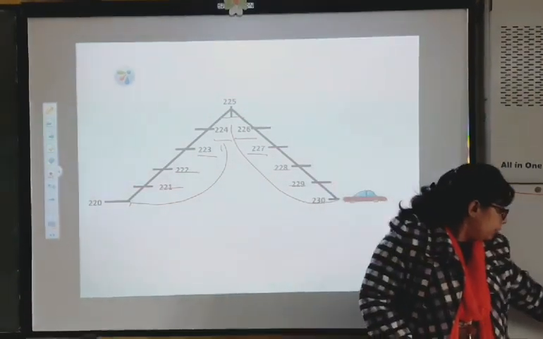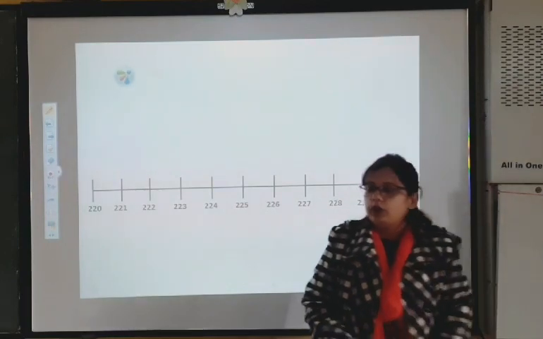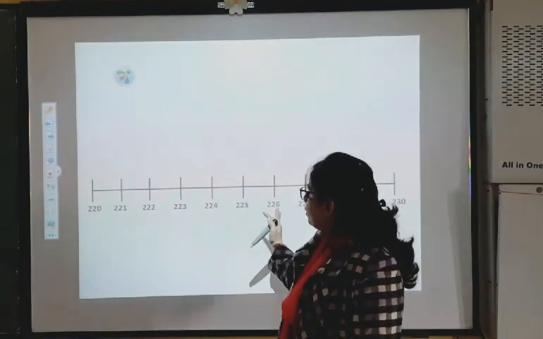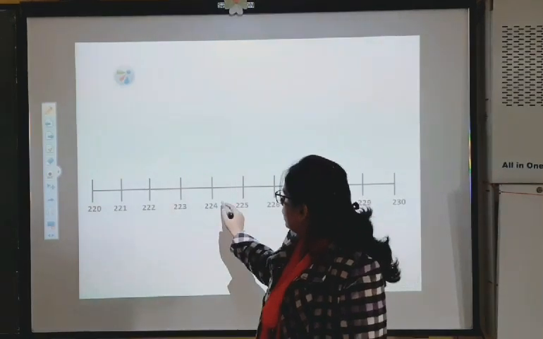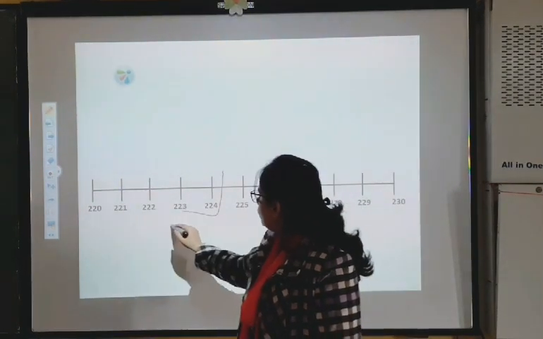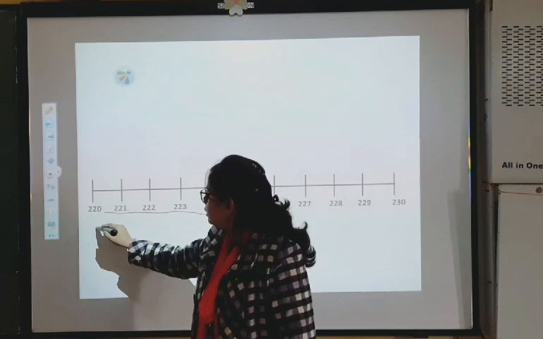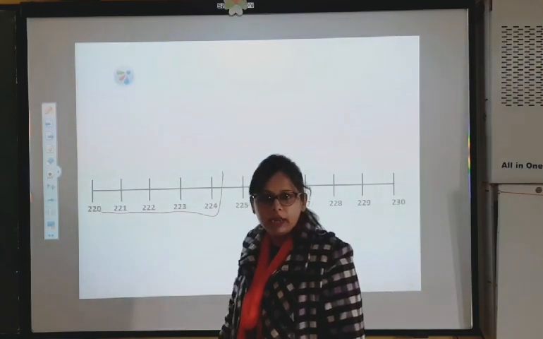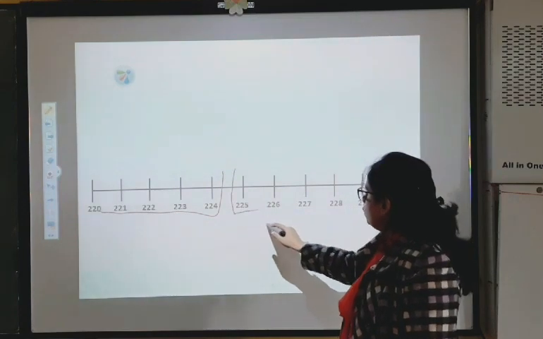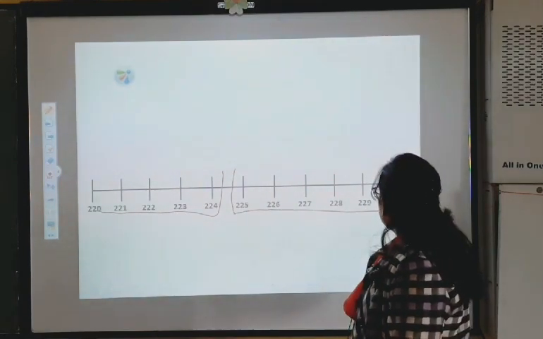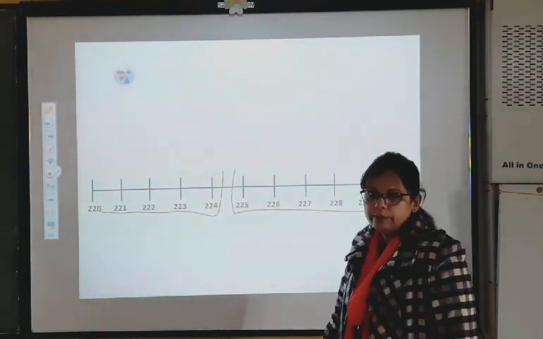So it makes rounding off easier for you: with the same number line, if the number is between 221 and 224, it will always come to 220, and a number between 225 and 229 will always go to 230.